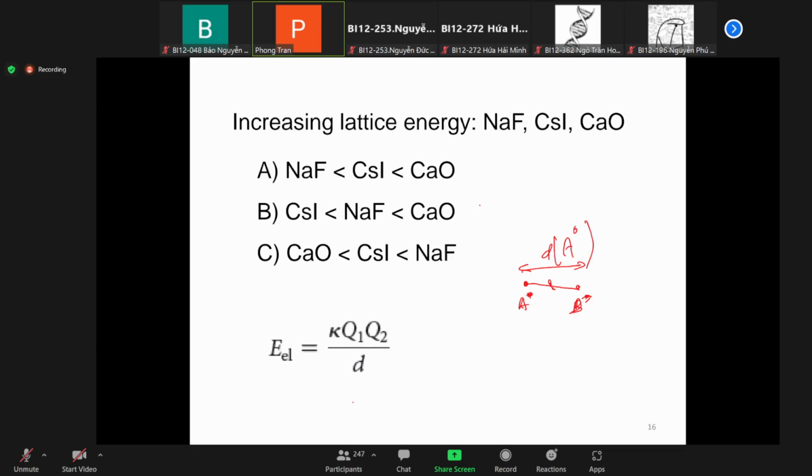We can observe this experimentally. Then, when you measure the distance between A and B, someone may ask you whether between A and B there exists one chemical bond.